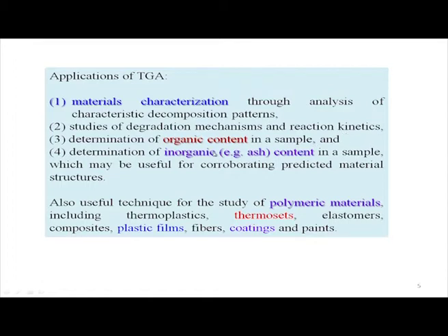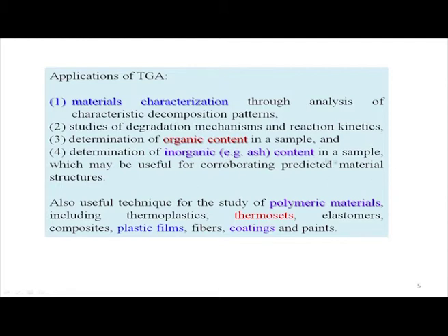And if a certain compound has some organic volatile material trapped inside, the organic content or the organic matter present in some mud or in any other solid material, the volatile organic matter or volatile organic compound, we call it VOC. The volatile organic compound can be estimated or calculated by doing this sort of thermogravimetric analysis.